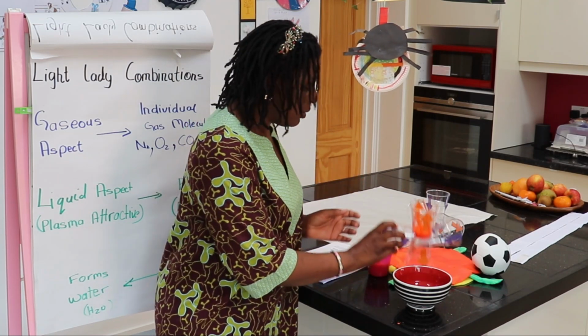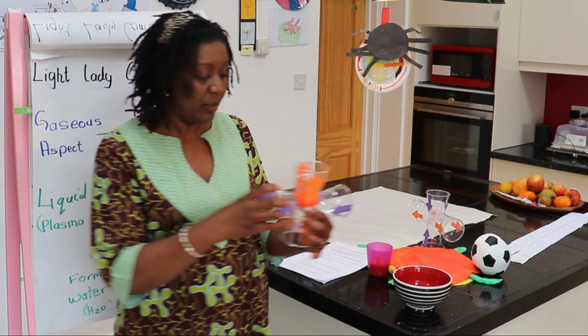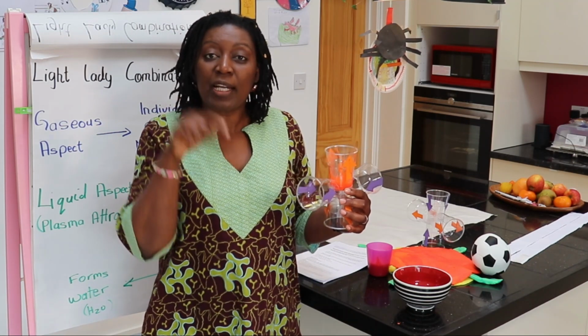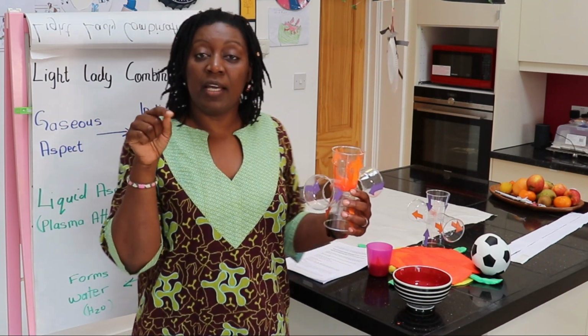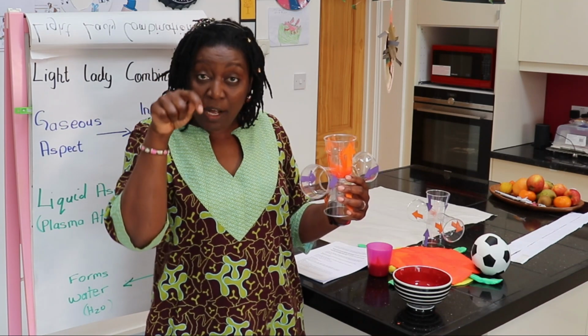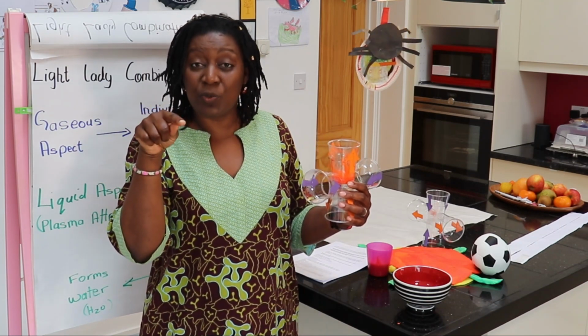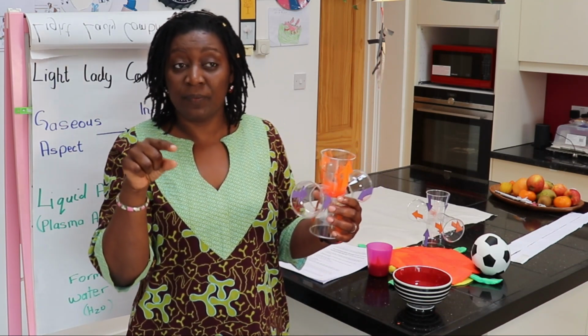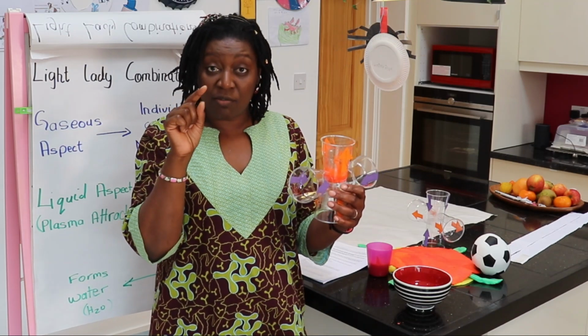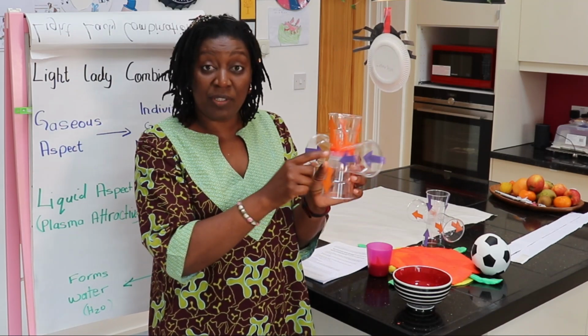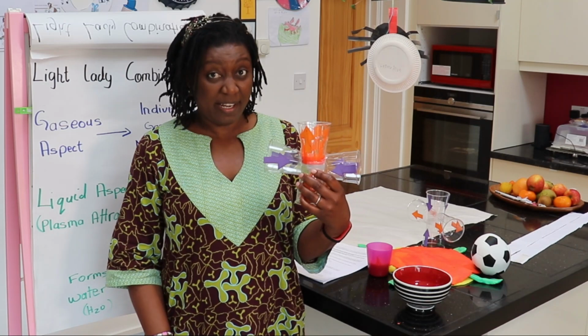Now I'm going to use another demo for this, because circulating in the middle of the black holes and white holes is molten lava. Here I'm using orange slime.